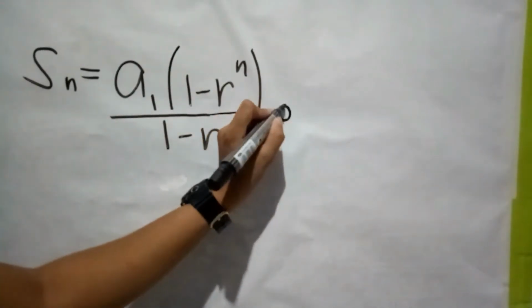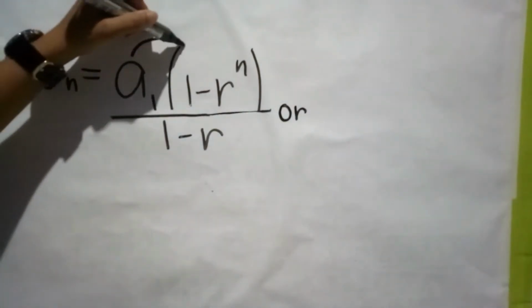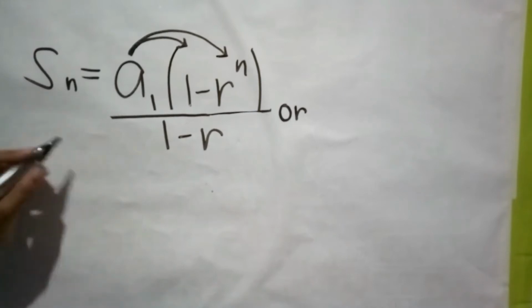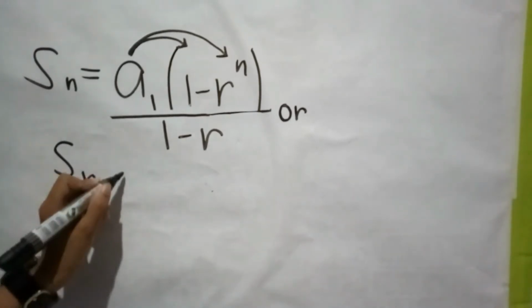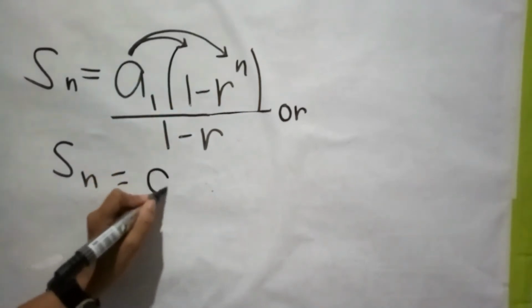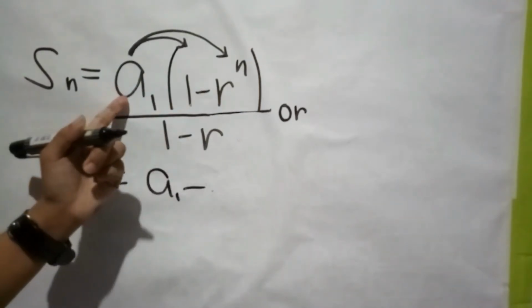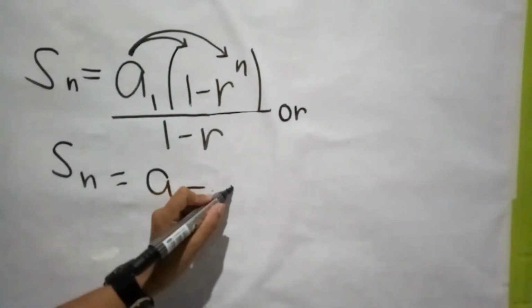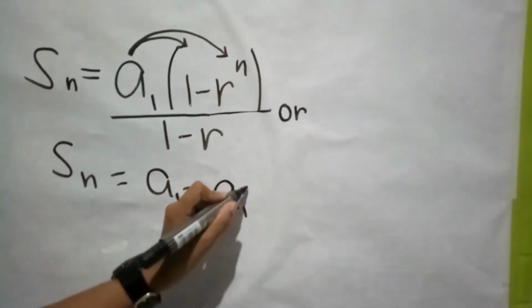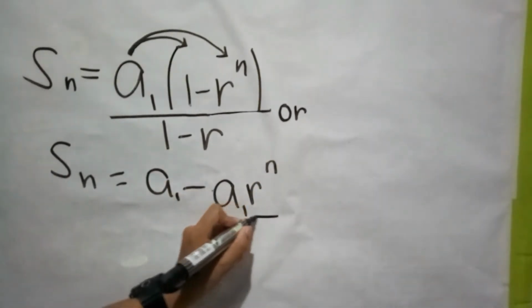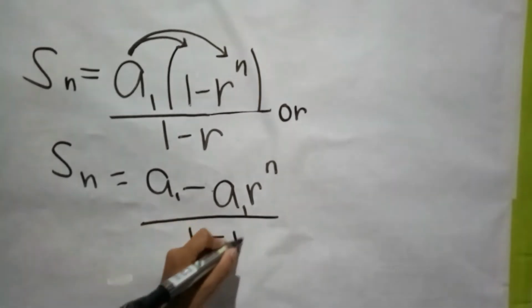Or you can also use, let's distribute this by distributive property. So we have s sub n is equal to a sub 1 times 1, and that is a sub 1 minus a sub 1 times r raised to n, divided by 1 minus r.